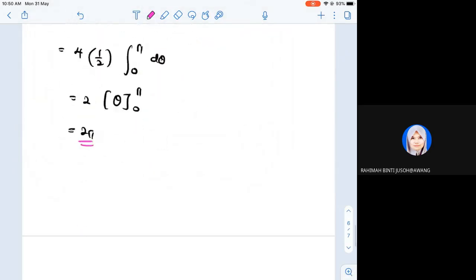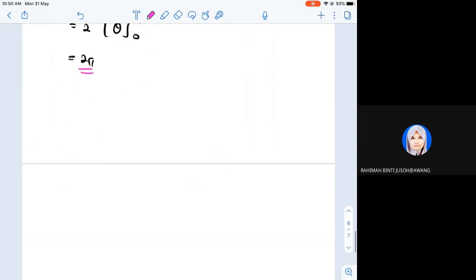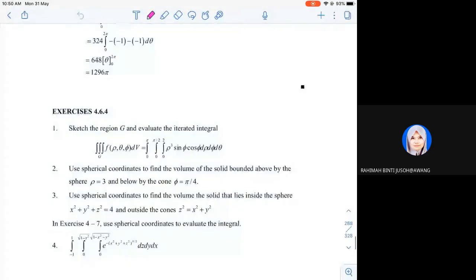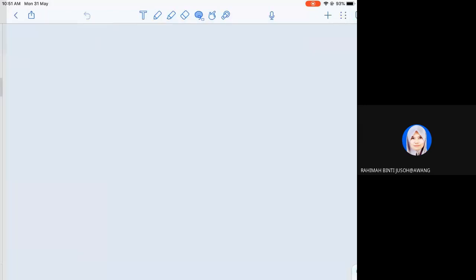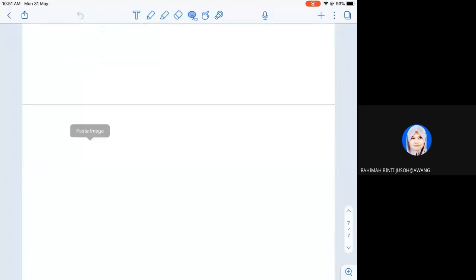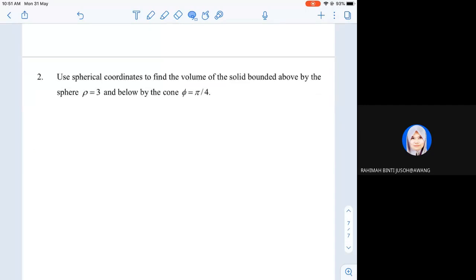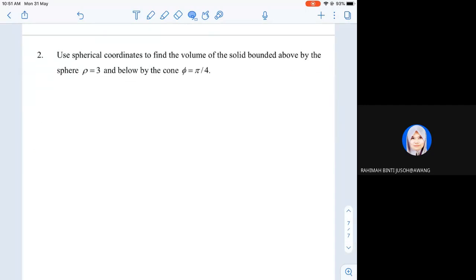Alright, now let's take a look at the second question. Okay, use spherical coordinates to find the volume of the solid bounded above by the sphere and below by the cone. Alright. Question 2. Bounded above by the sphere.